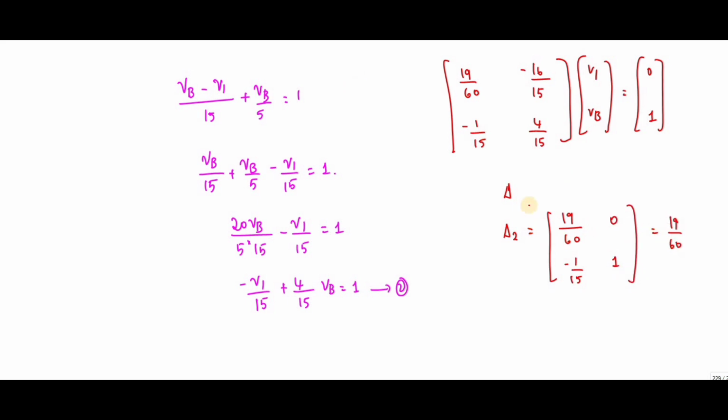Del 2 is 19 by 60, minus 16 by 15, and 0 and 1. From this I can find VB as del 2 by del.